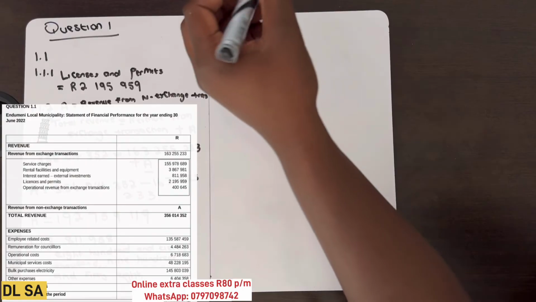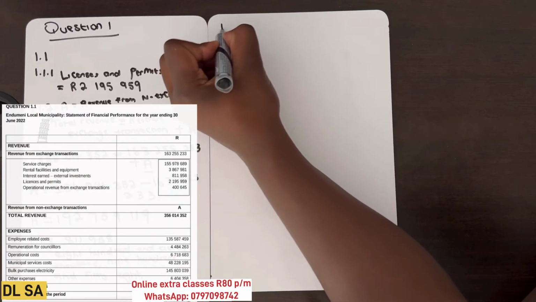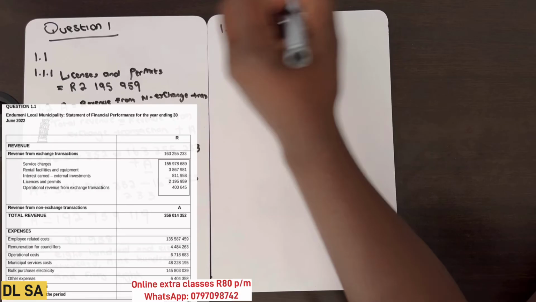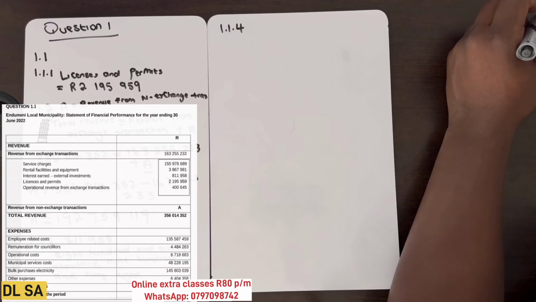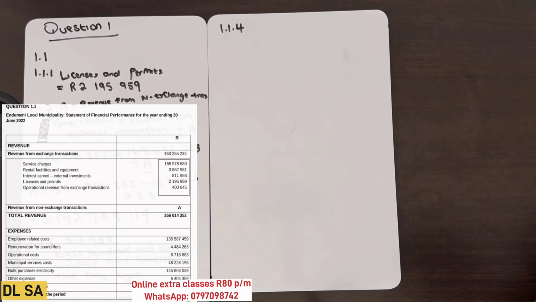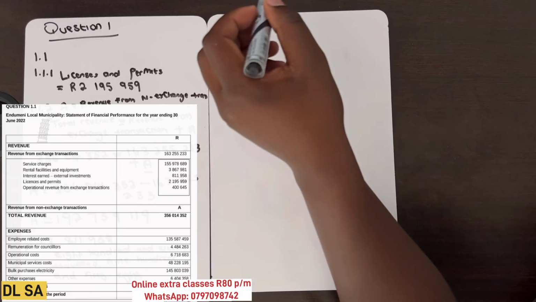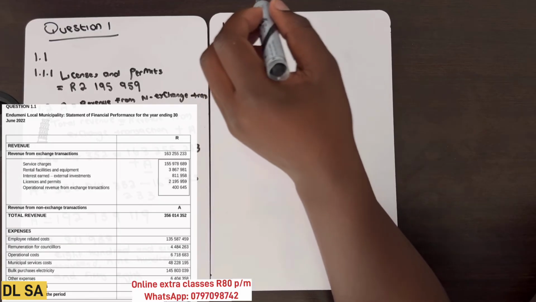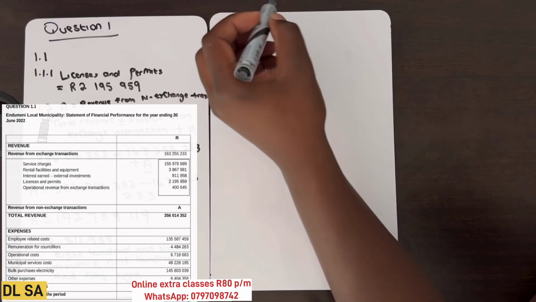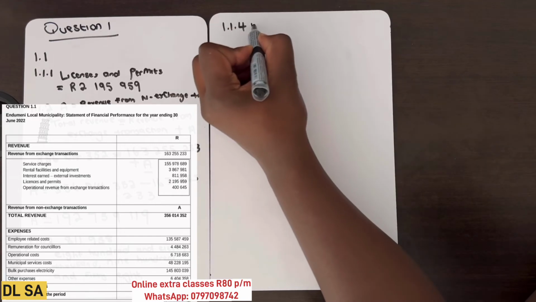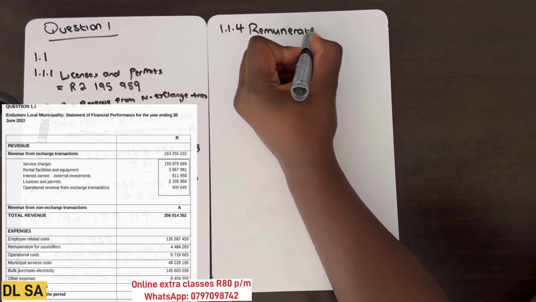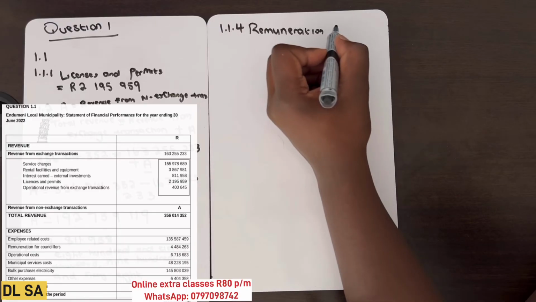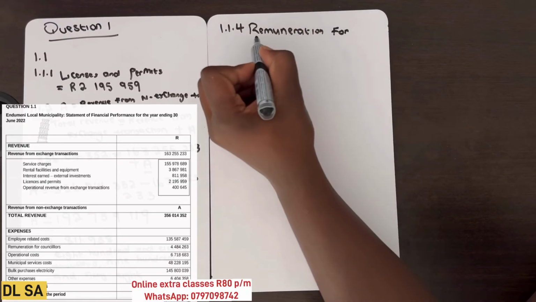So now we are going to question 1.1.4. What we need to do is go to our expenses on our statement of financial performance, and we will see remuneration for councillors.